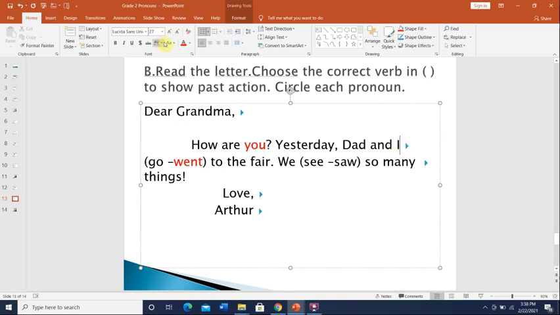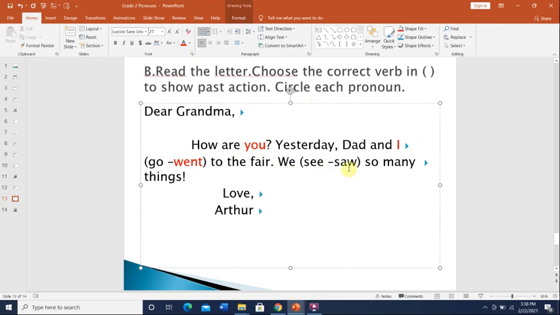So you will circle you and you will circle I, because these are pronouns. And we chose went because this verb is in the past.